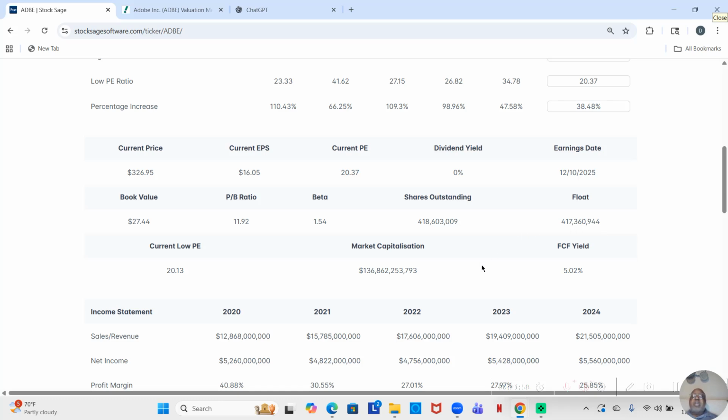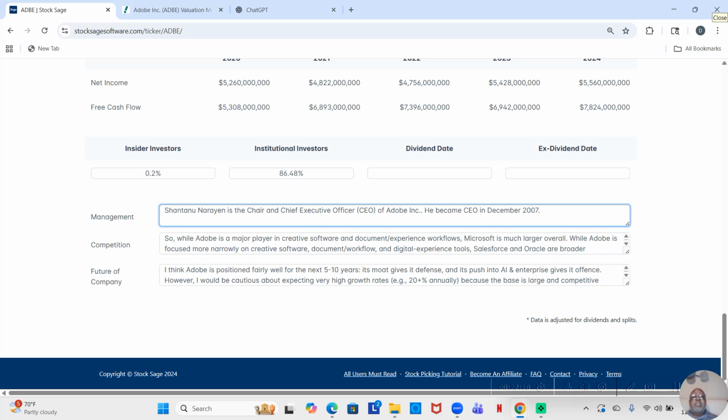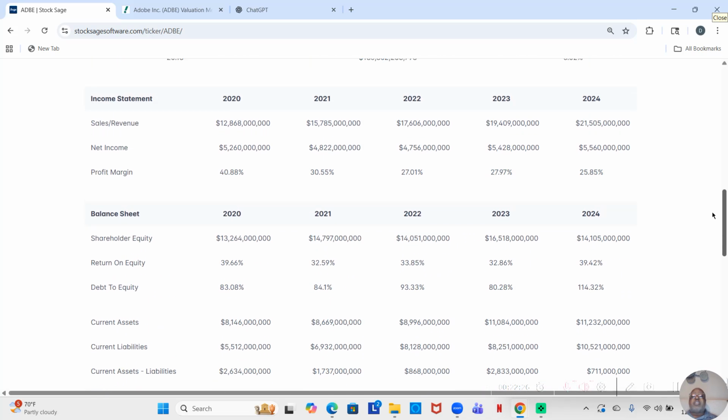For example, how many shares of this stock are currently out there? 418,603,009. So, this company is owned by 0.20% of, was it 418?